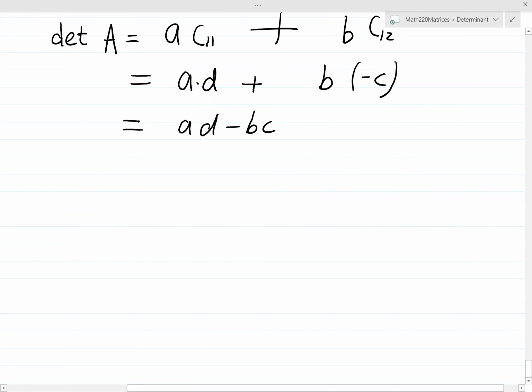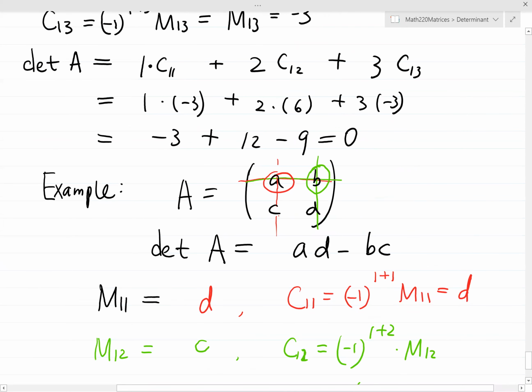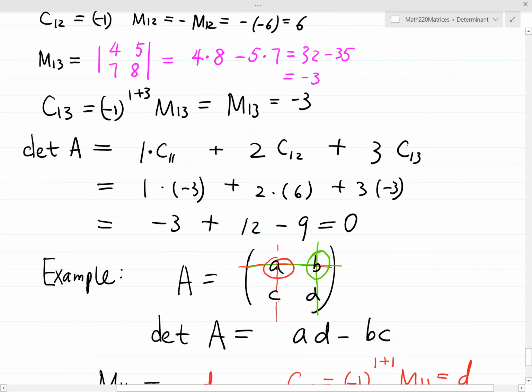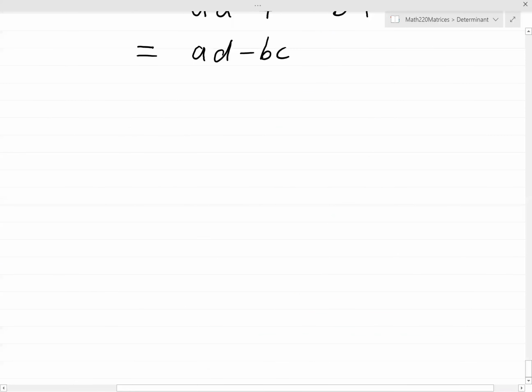Some properties. Now let's go back to our definition of the determinant.